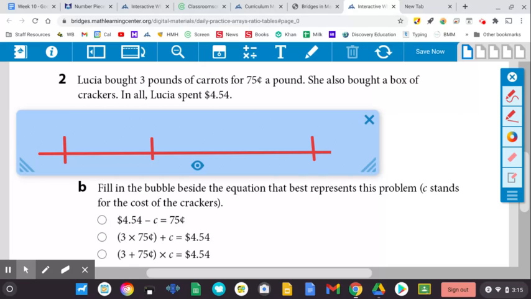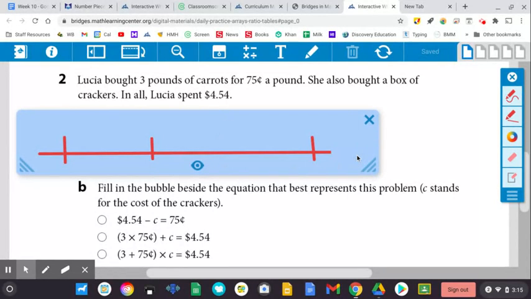We could set up a ratio table if we wished, where we would have 1 pound is 75 cents, 2 pounds is $1.50, 3 pounds is $2.25. So we've already figured that out. But then we have to figure out how much she spent on the crackers because we know her final number is $4.54.